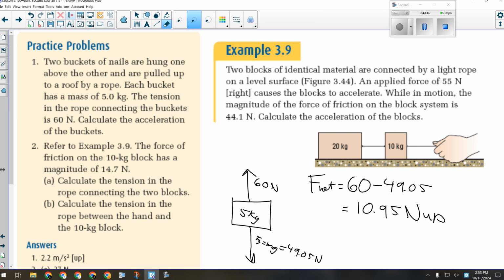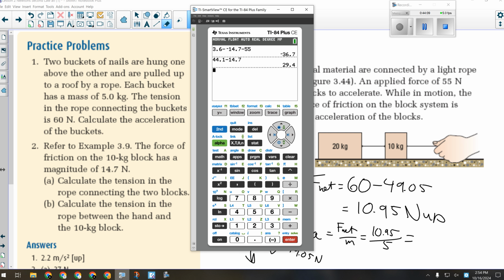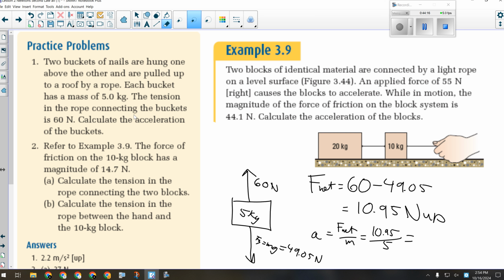And now I can calculate the acceleration of the bottom bucket, which is then also the acceleration of the top bucket, or the whole system. Either one. So 2.2 meters per second squared. Up.